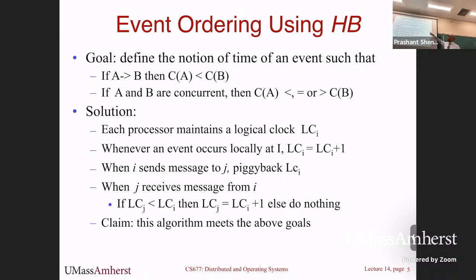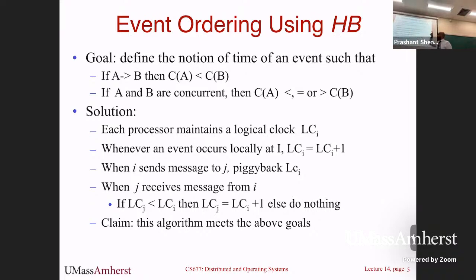Our goal is to define a timestamp for each event that respects those two properties. If A happened before B, the timestamp you assign to A has to be less than the timestamp of B, by whatever technique we use. We want that property.